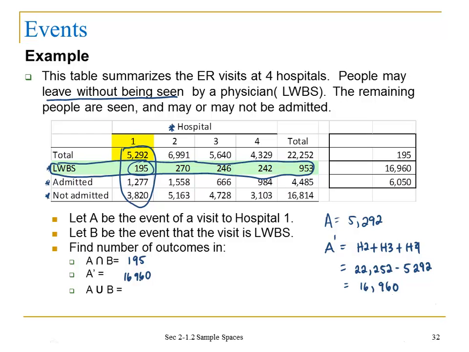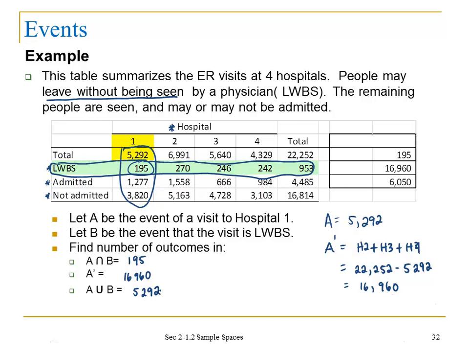That's correct. Okay, so the important thing here is to make sure that you don't count patients twice. So we are looking at the union of 2 events. We know the total that went to hospital 1 is 5,292.